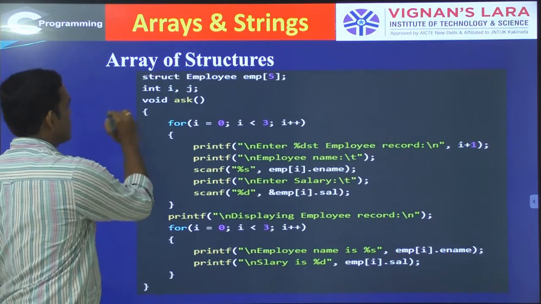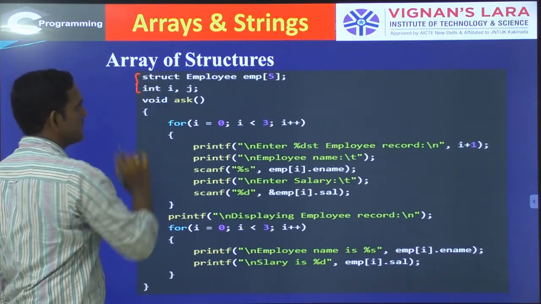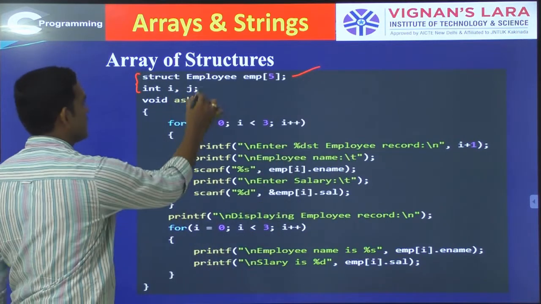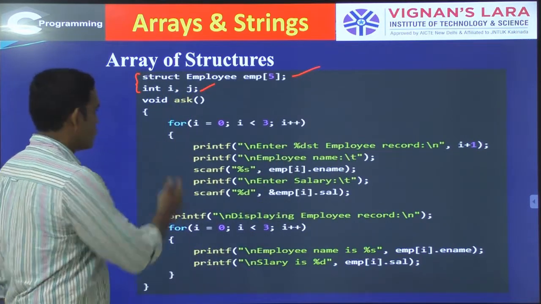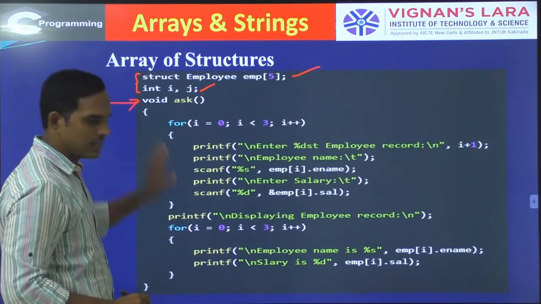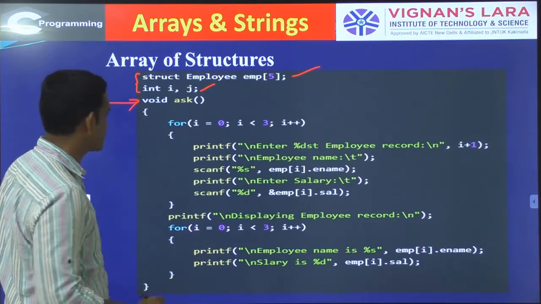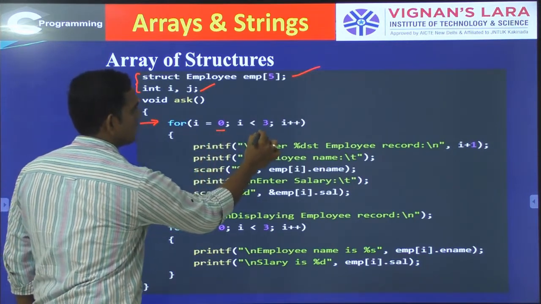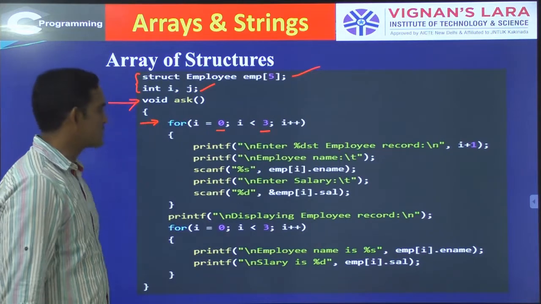Okay, so as you have seen, you have created your basic array of structures. Then I have created i, j. All the operations I am writing in one function, that is the ask function. For i equal to 0, i less than 3, i plus plus.